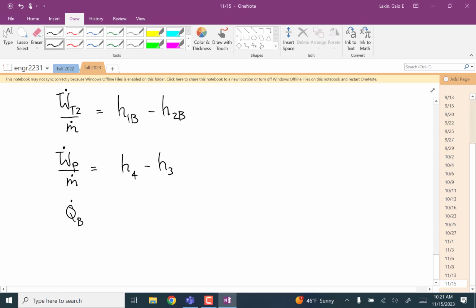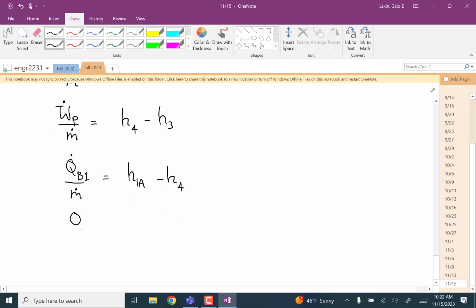Q dot B1 over m dot, so this is the heat transferred to the working fluid on the first trip through the steam generator, is H1A minus H4. The rate of heat transfer the second time through the steam generator, Q dot B2 over m dot, is equal to H1B minus H2A.